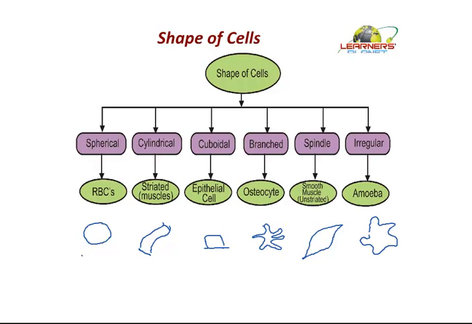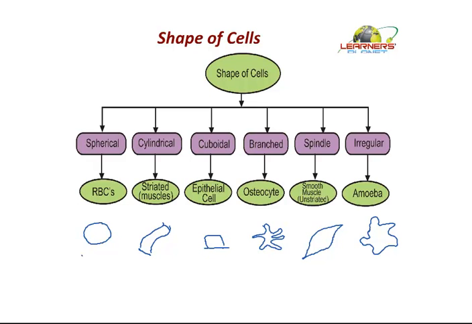They can change their own shape. Now don't get confused between this amoeba and the osteocyte. The shape seems to be similar, but the difference is that in the case of osteocyte, it is fixed. In the case of irregular shape, what we mean is they can change their shape with respect to time and their own requirement. So these shapes are found in different types of cells.